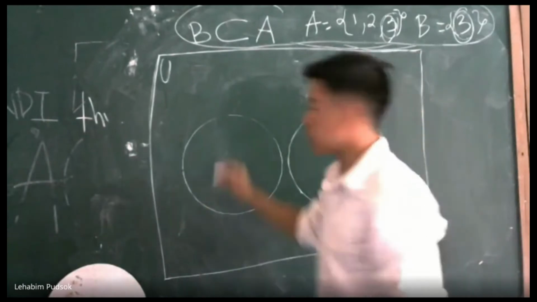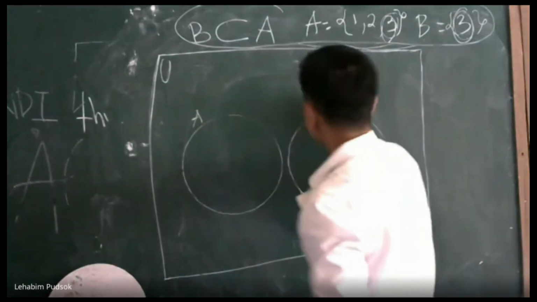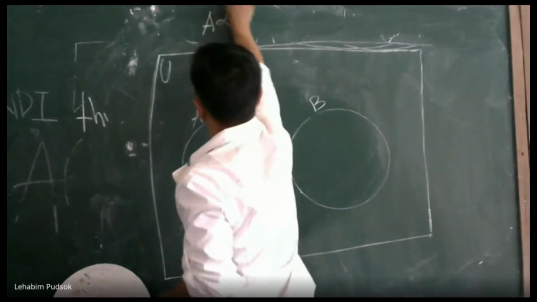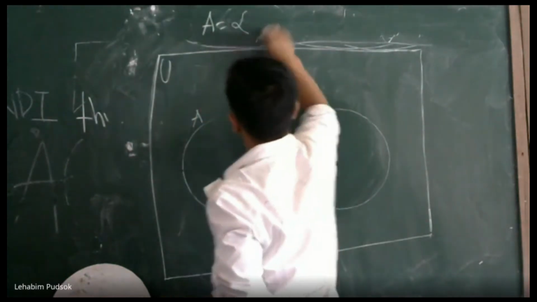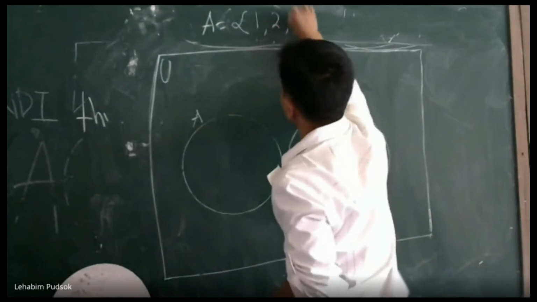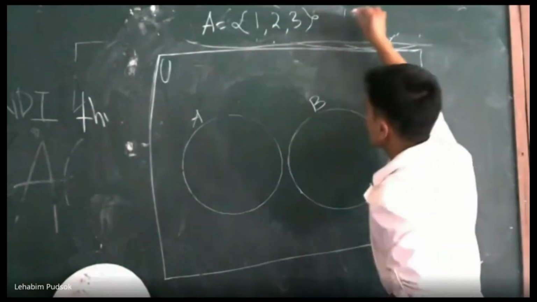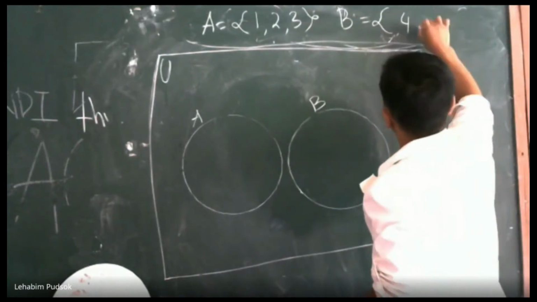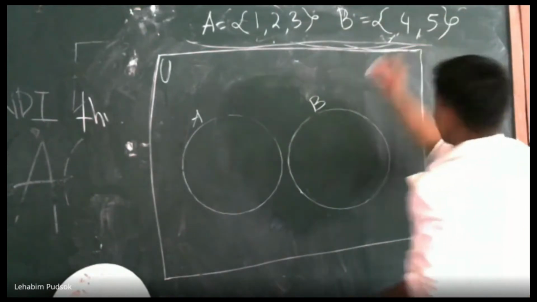For example, this is set A, this is set B. Set A is 1, 2, 3, and set B is 4, 5.